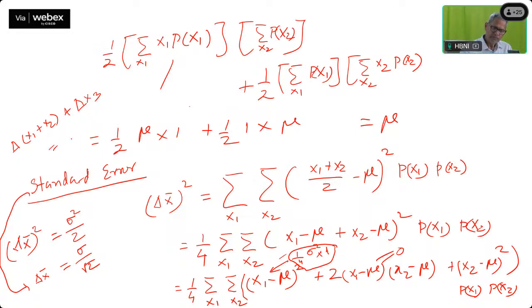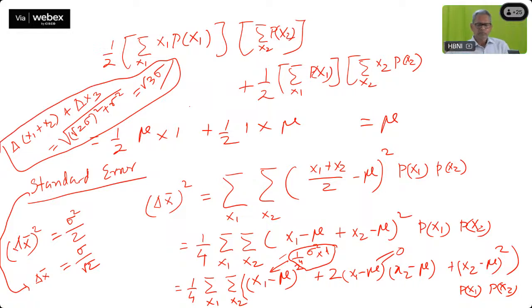This can be written as 2 sigma square plus sigma square. So that will give you root 3 sigma. Suppose 3 steps you are taking, then it will give root 3 sigma.